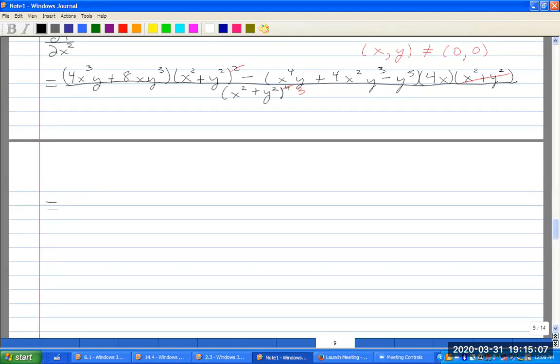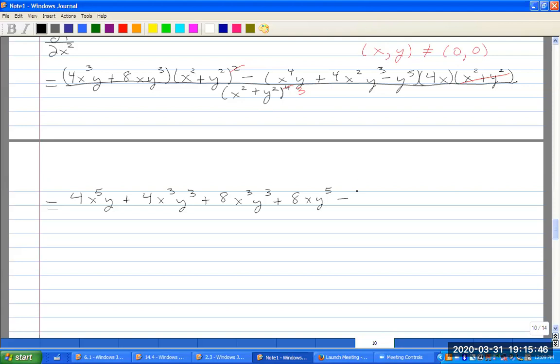So this is 4x to the 5th y plus 4x cubed y cubed plus 8x cubed y cubed plus 8xy to the fifth minus, multiply negative 4x inside the parentheses.